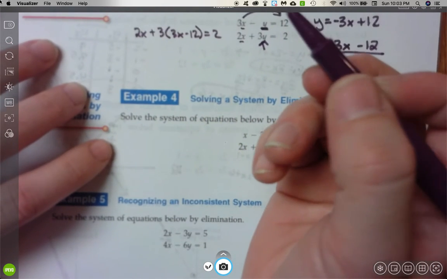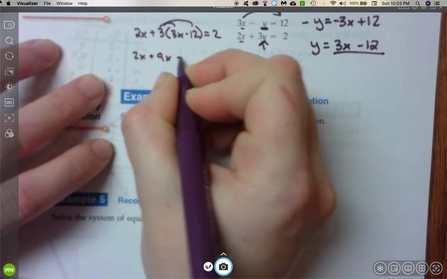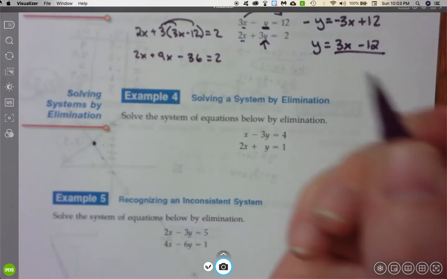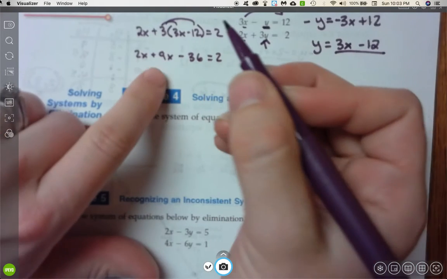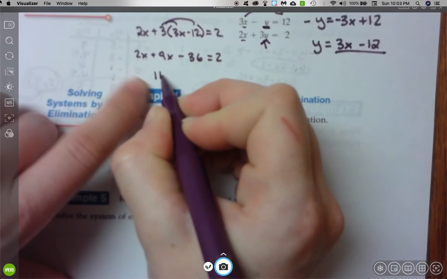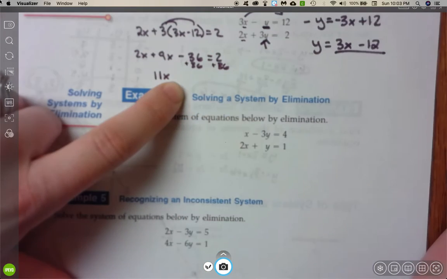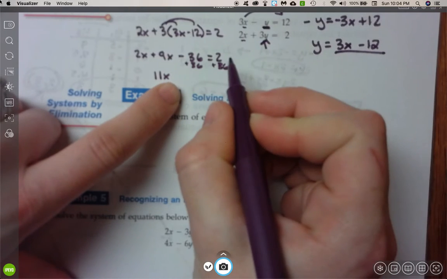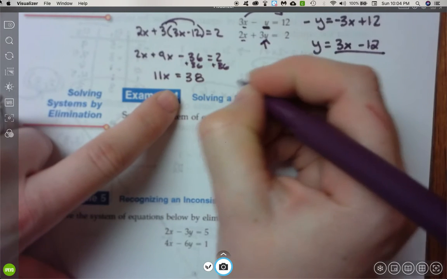All right, and then when I get to this point, I'm going to distribute that through. So 2x plus 9x minus 36 equals 2. I'm trying to go kind of fast through this because I know this is a lot of review. 2x plus 9x is going to be 11x, and if I add the 36 to the other side, I'll have equals 38, and that is not a nice answer.